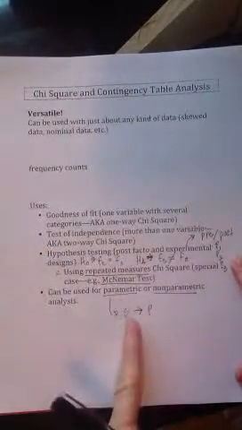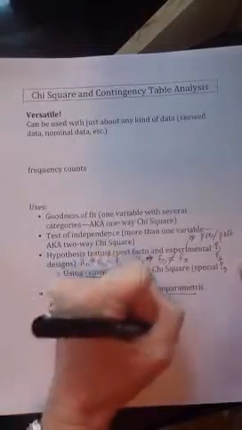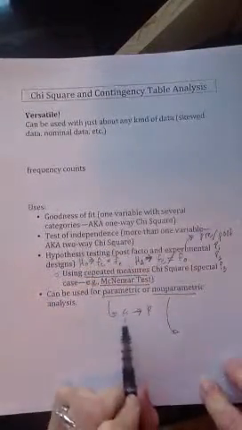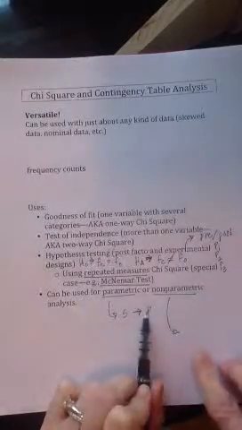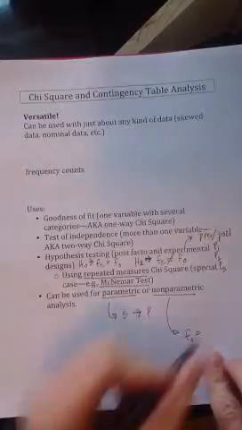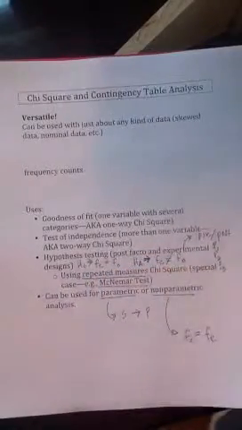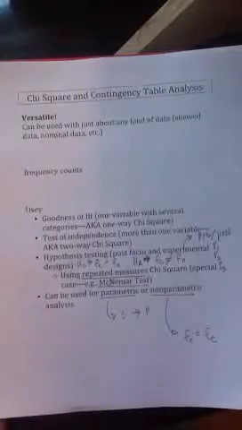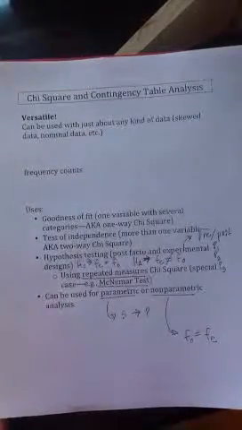So you can do a parametric analysis with chi-square. You can also do a non-parametric analysis. Instead of looking at whether a sample is part of a population, you're looking at whether actual observed frequencies are consistent with expected frequencies. This is your brief introduction to chi-square and contingency table analysis.